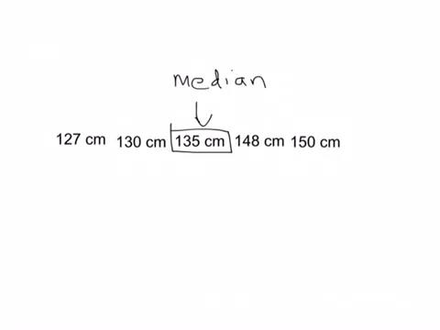How many 127s? How many 130s? 1. How many 135s? 1. How many 148s? 1. So is there a mode? No, they're all equal. So no mode. And that's possible. There's no mode there. So we have found the median and the mode.